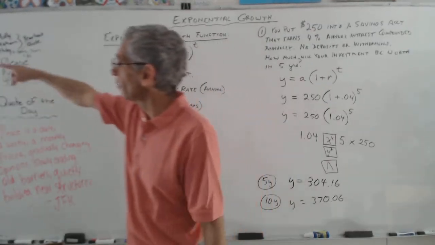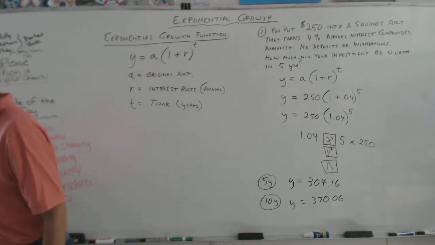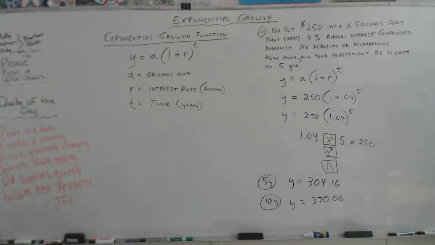Oh, the homework is on the board right here. All except number 4. You don't have to do number 4. It's on page 524, numbers 9, 10, 22, 24, and 34.